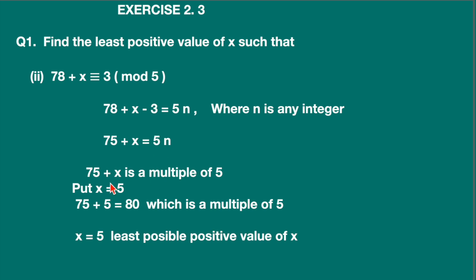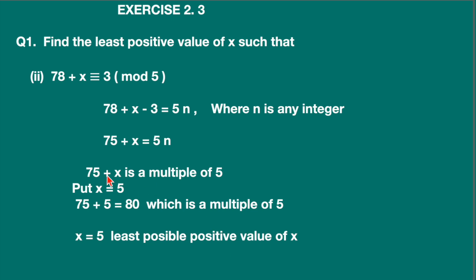So here we have to find the value of x such that 75 plus x is a multiple of 5. We can take x equal to 0, then 75 is a multiple of 5, but we cannot take x as 0, because we need the least positive value.